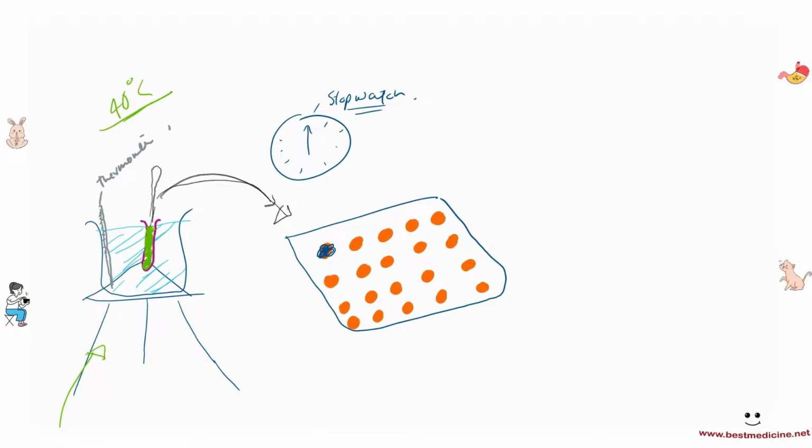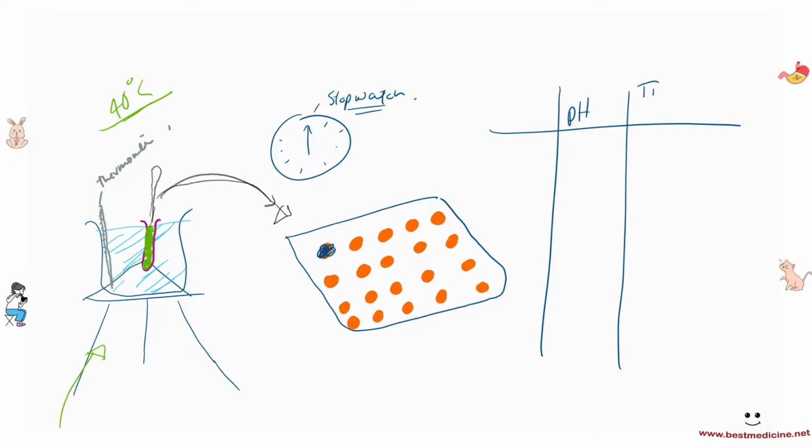For example, we can record this on a table, something like this: the pH that we used, and the time to stop turning blue-black. Now remember, amylase will break down starch. If starch is gone, will the dropper's drop turn the tile blue-black or not?